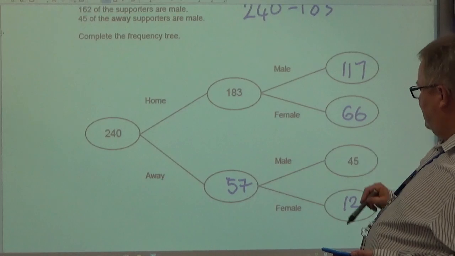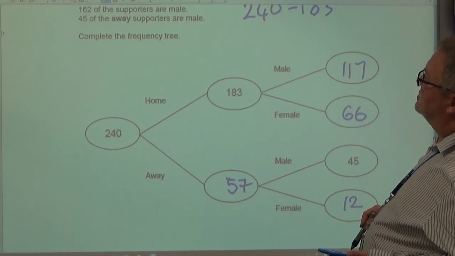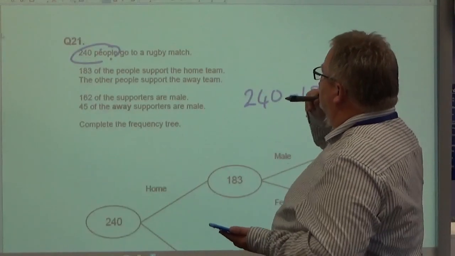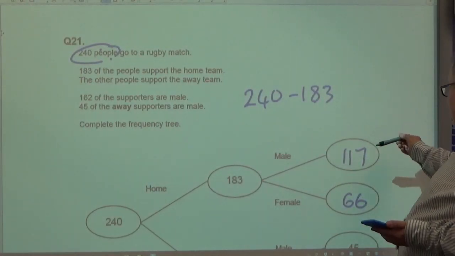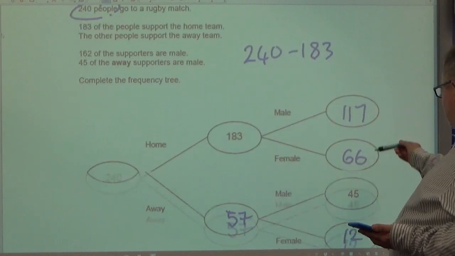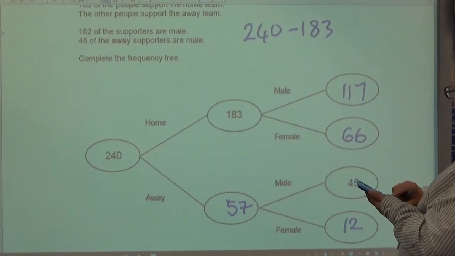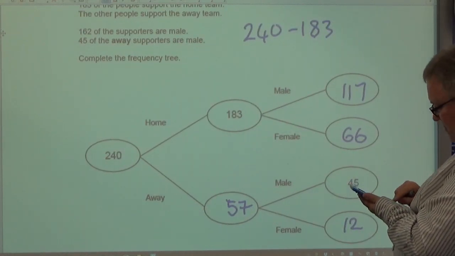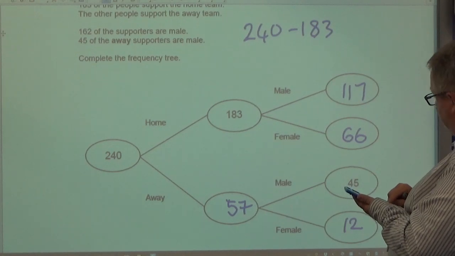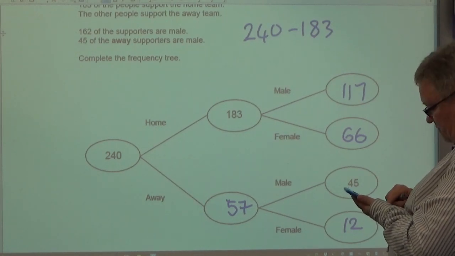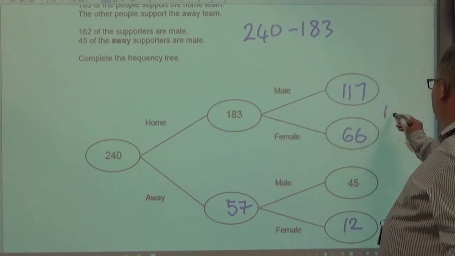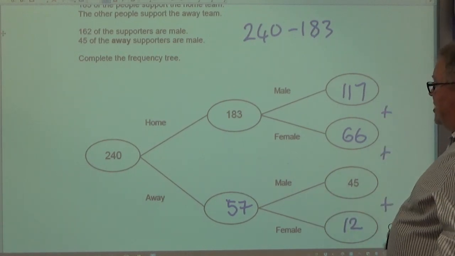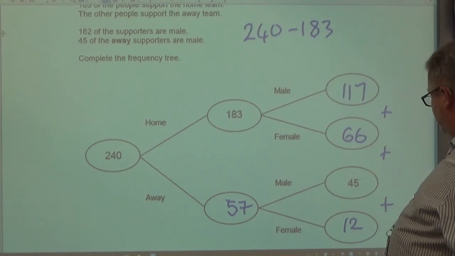If I just check that, going up to the top there, it's 240 people. So as our check, all of this in the end column should add up to 240. So 117 plus 66 plus 45 plus 12, and that gives us 240. So just by adding those up, I've checked it. I'm pretty sure that's probably right.